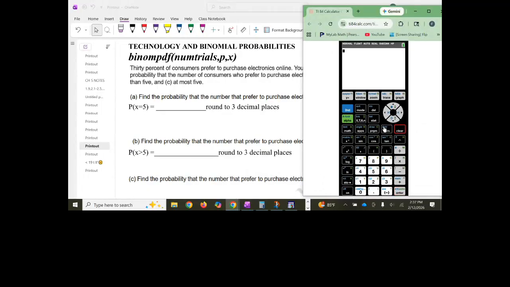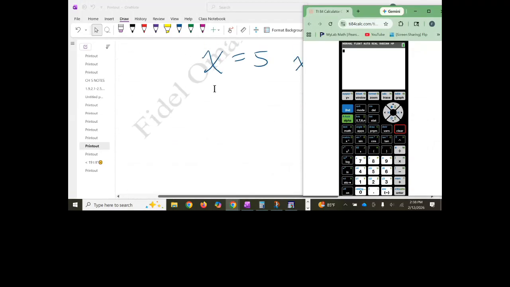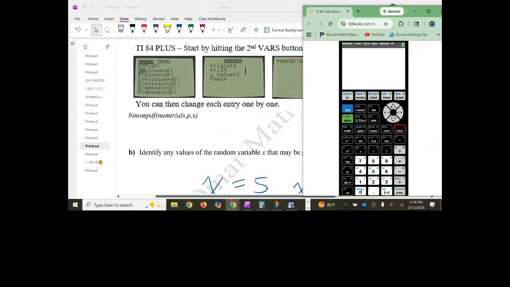I'm going to clear my screen. I'm going to start off with a clear screen. There's something called a binomial PDF. With the binomial PDF, it's going to tell me how I can find those probabilities that we just did without me having to go through and use the formula. I'm going to scroll up a little bit.